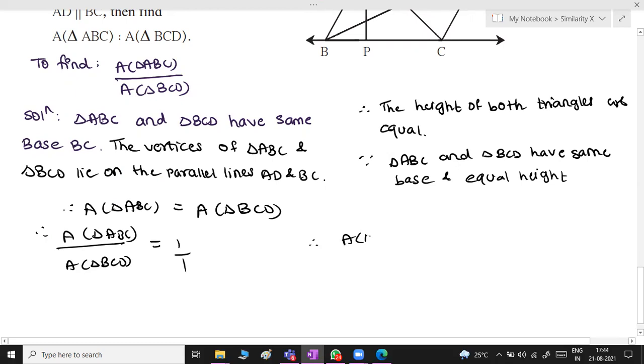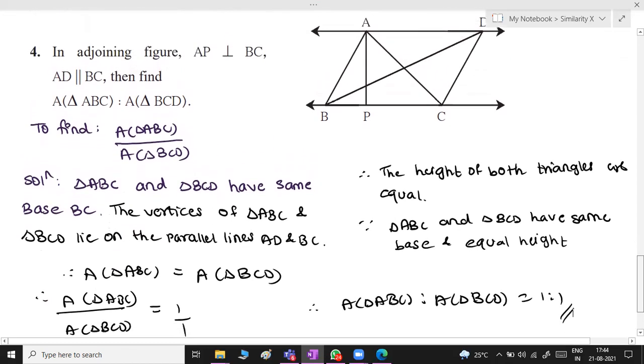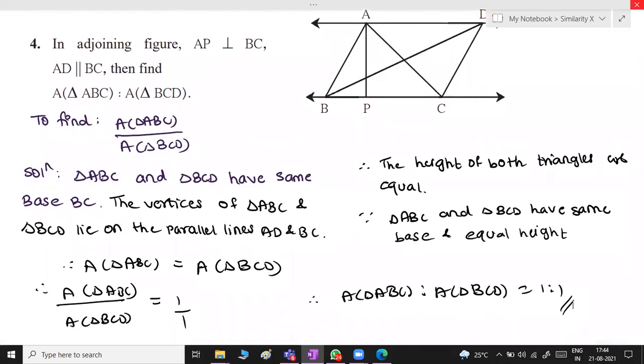So area of triangle ABC is to area of triangle BCD is equal to 1 is to 1, and this is your answer. I hope you have understood this question and there is no query. If you are having any doubts, please feel free to put it in the comment section. So just copy it and then we will go for question number 5th.